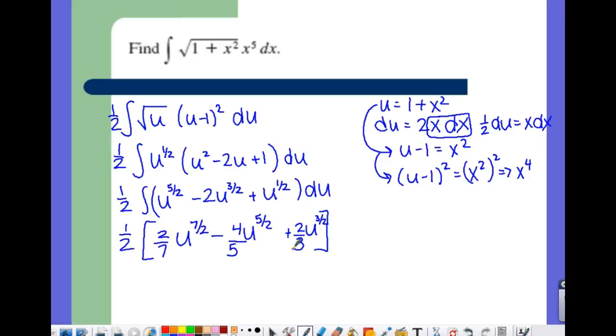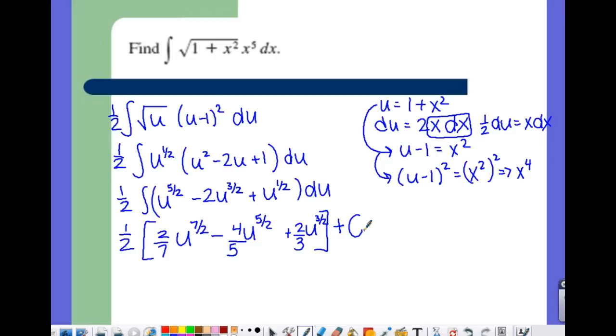And after all of this, I still have to distribute your 1/2. And since I'm running out of space, I'm going to plug back in my original u.